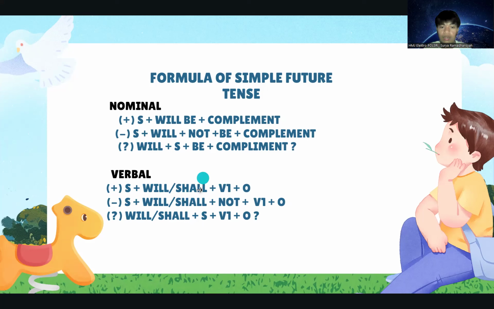Subject that can use the shall as the auxiliary verb, ataupun berbantu ya, itu adalah we dan juga I. Namun, but I and we can use the will too.